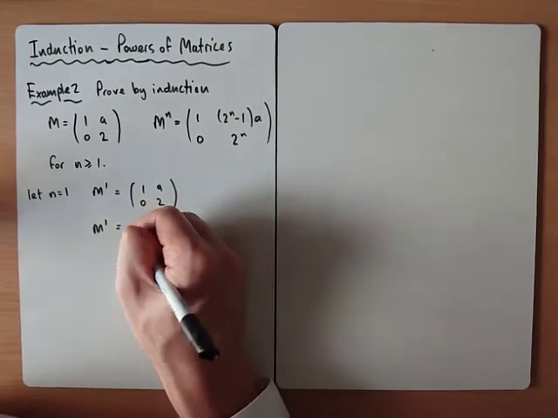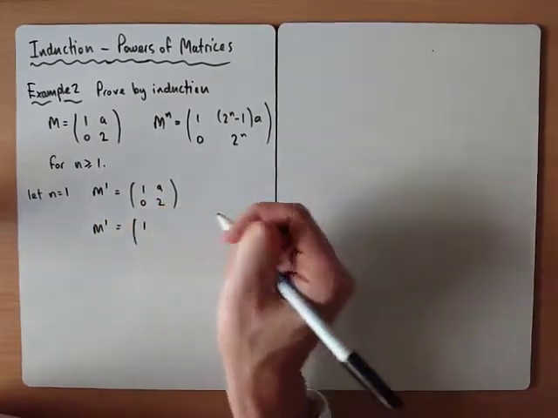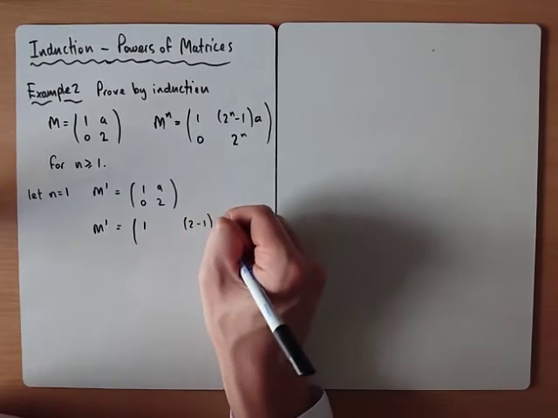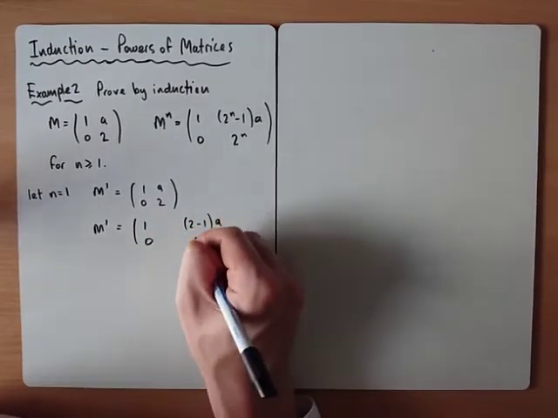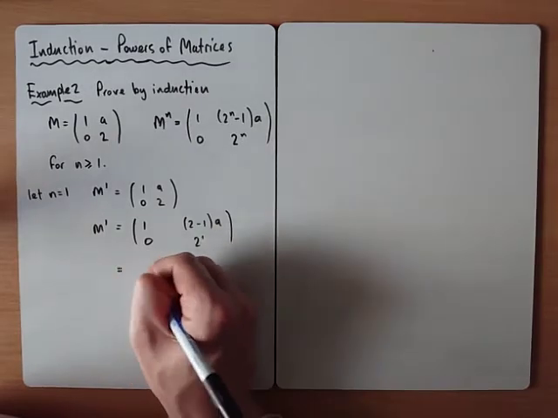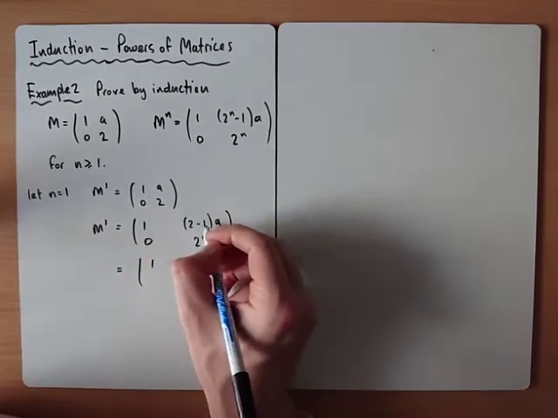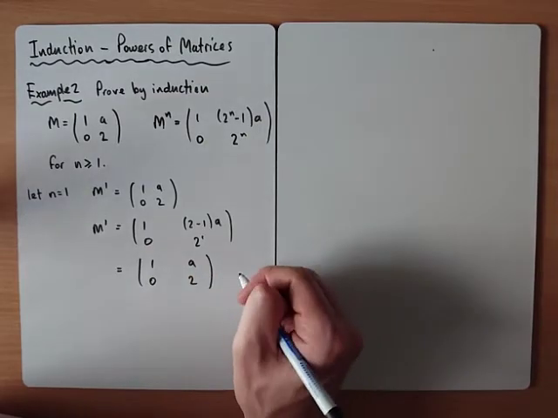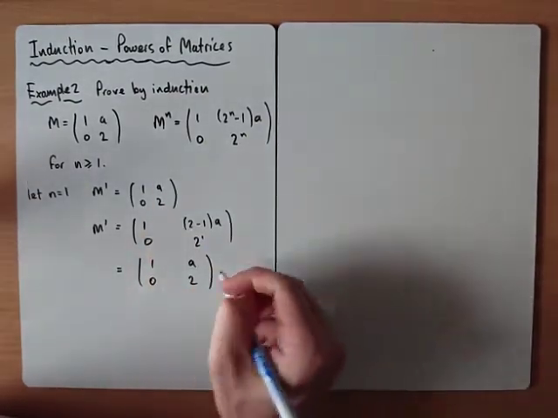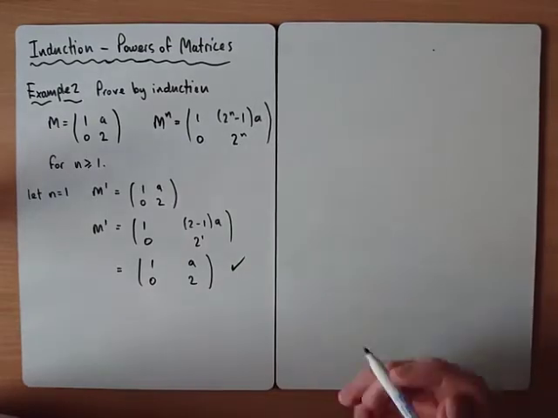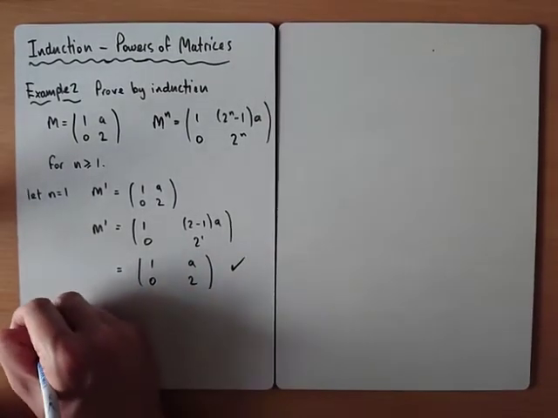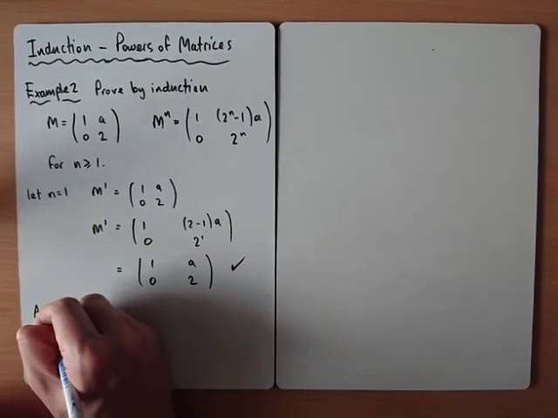M to the 1 would equal 1, 2 to the 1 minus 1, a, 0, 2 to the 1, which would give us 1 a, 0 2. So therefore, because this equals this, we know it works for the first term. Let's assume it's true, and then use this assumption.